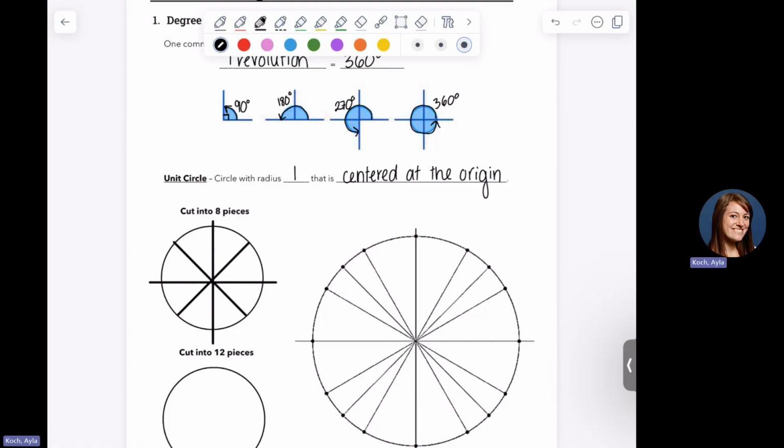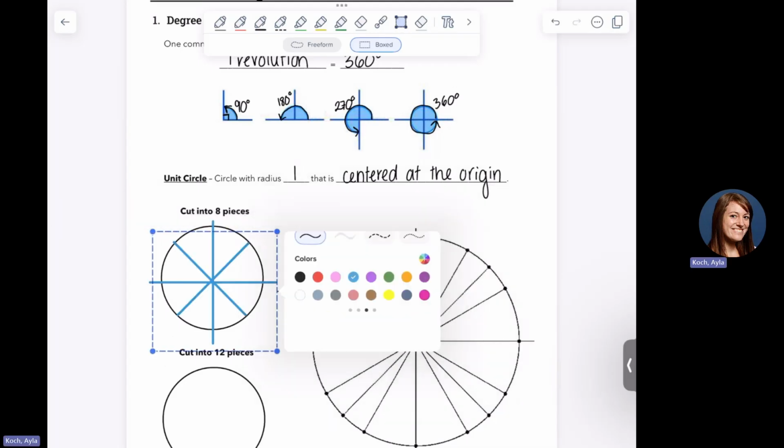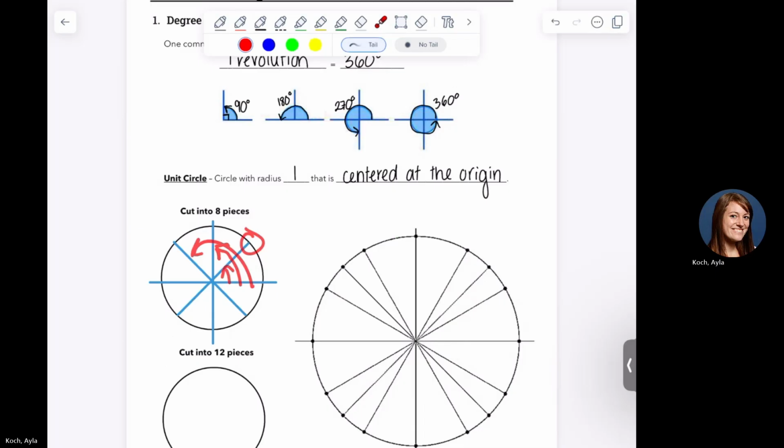I'm going to go ahead and make these blue. Now, if I wanted to label how many degrees each of these angles are, I took 360 degrees and split it up into 8 pieces.